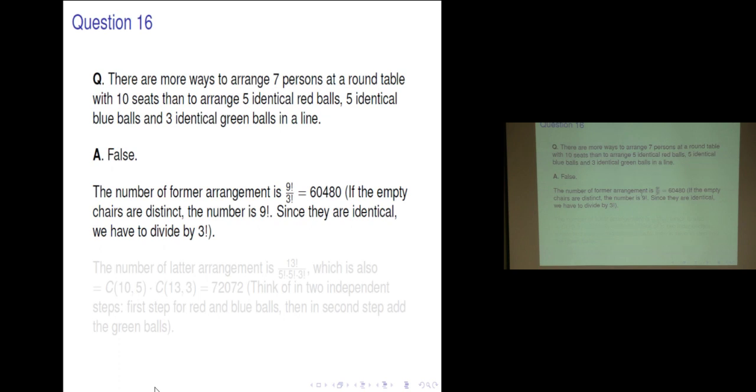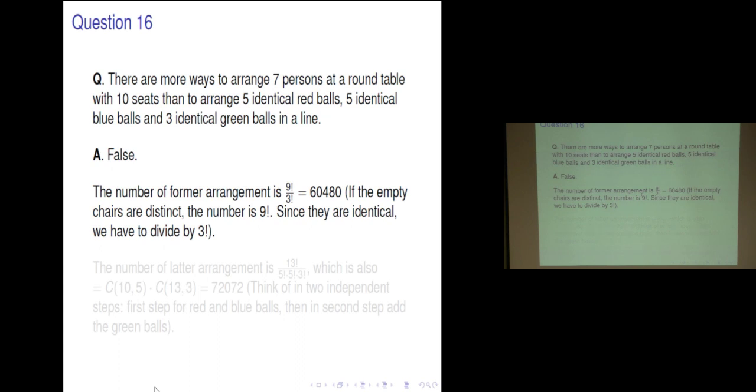So you have 10 distinct persons. Then the total number is 9 factorial because it's circular. You have to identify the 10 rotations as 1. So you have 10 factorial ways to arrange the persons and the ghosts.